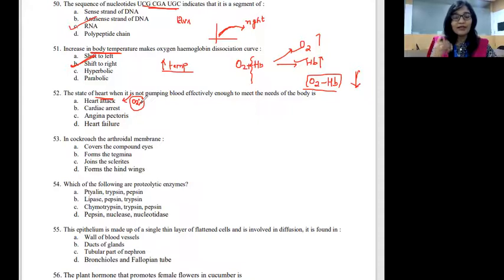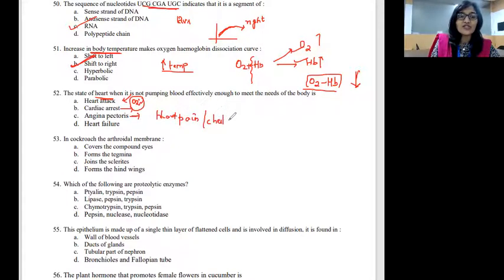Oxygen has to reach everywhere, then only aerobic respiration will take place. This is the heart attack condition. What is cardiac arrest? When the heart is not able to pump blood to supply oxygen, it is cardiac arrest. Angina is nothing but heart pain. They will have severe chest pain.